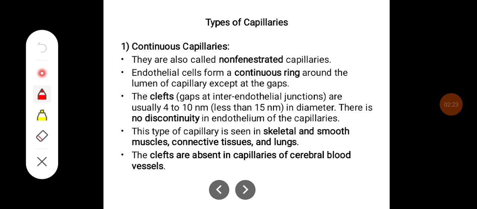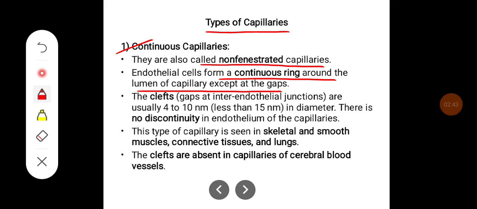There are different types of capillaries. They can be continuous capillary, they can be fenestrated or discontinuous capillary. Continuous capillaries are also called non-fenestrated capillaries. Endothelial cells form a continuous ring around the lumen of the capillary except at the gaps.